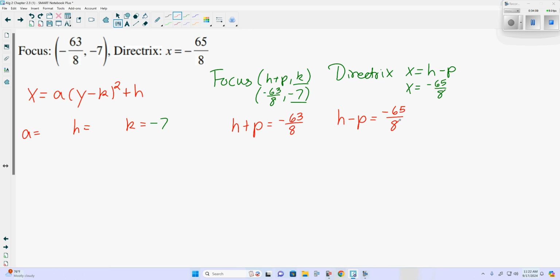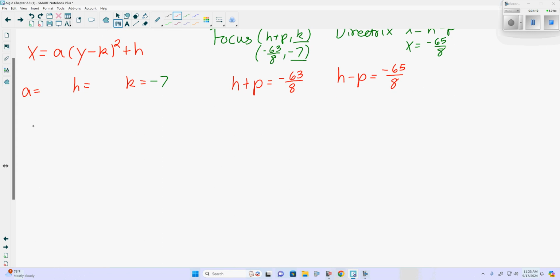These are set: h plus p, h minus p, k plus p, k minus p. They are set to those, which is nice because we can take these two as they are and put them over the top of each other. So that is one of the nice things when giving the directrix.